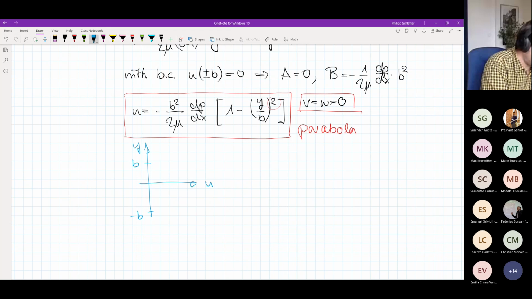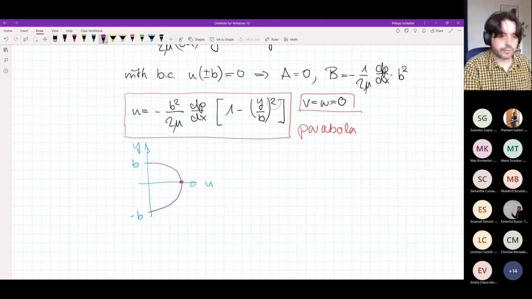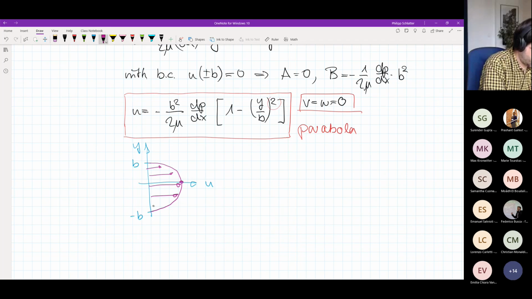So this is minus b, this is plus b. So the velocity profile perhaps looks something like this. And this is a very typical result that you will always hear. For a channel flow, for a pipe flow, you will have a parabolic velocity profile. This is simply the result of the Navier-Stokes equations.